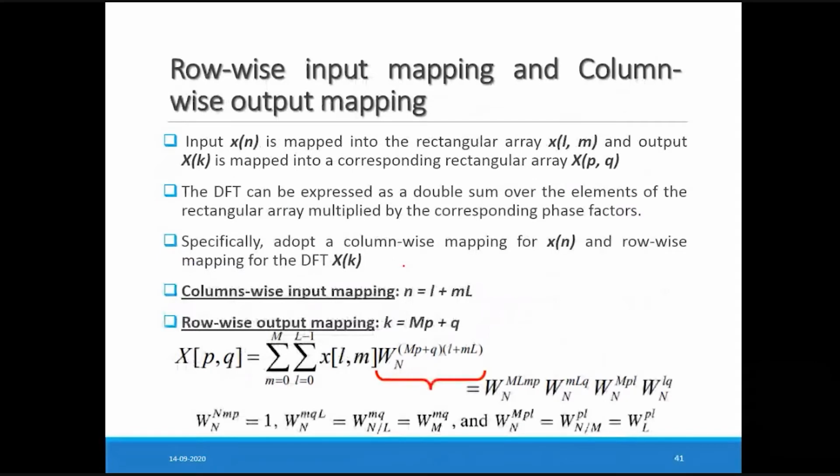Sir, I have some questions about the row wise input mapping and column wise output mapping. Yes, you can ask. Whenever we design a divide and conquer approach to any problem, we first prove that this approach will work. That means if we have a problem of size n and we can divide it into parts, maybe n by 2, n by 2, n by 3, n by 3, and so on, we prove that by calculating the n by 2 parts, first and second, we can generate the solution of n.